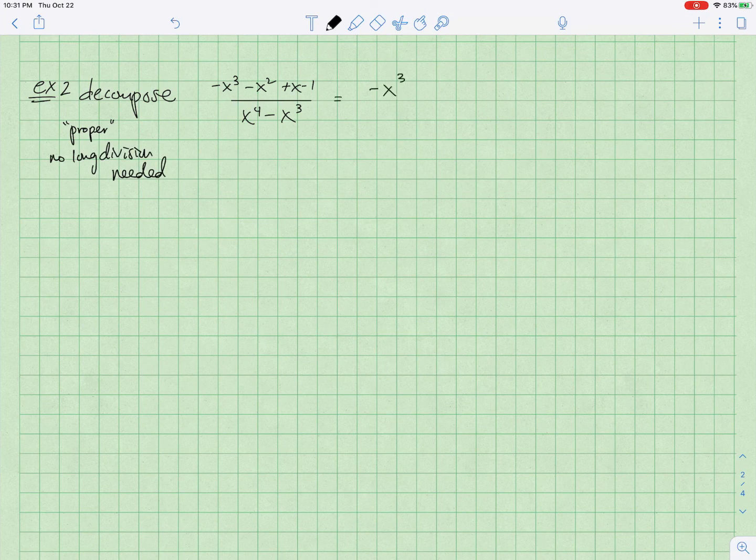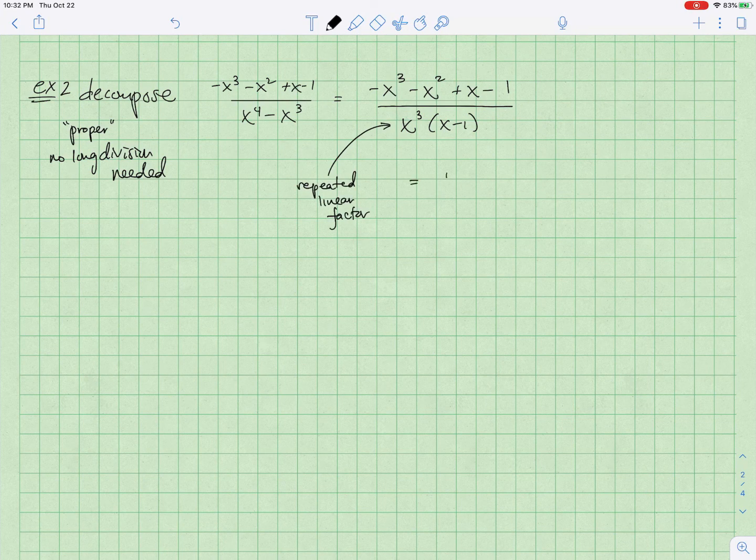Now, this is negative x cubed minus x squared plus x minus 1 divided by x cubed times x minus 1. So we have some repeated factors. Let's see, maybe I should point that out. This is a repeated linear factor.